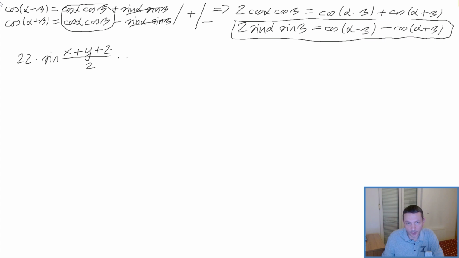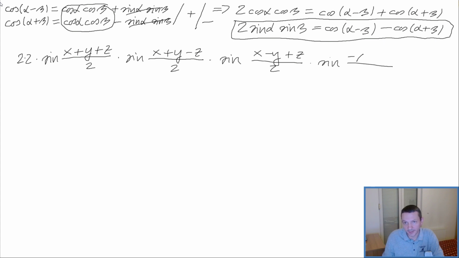The second one was sine x plus y minus z over 2. The third one was sine x minus y plus z over 2. And the last one was sine of minus x plus y plus z over 2.